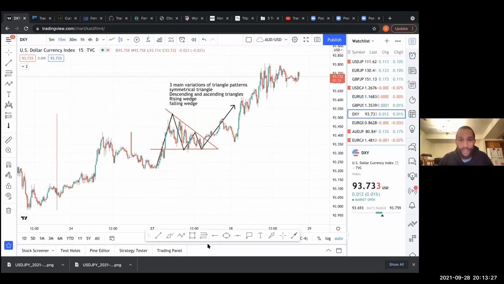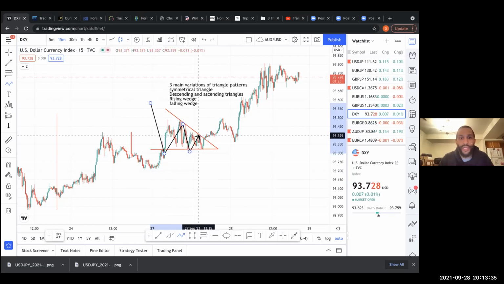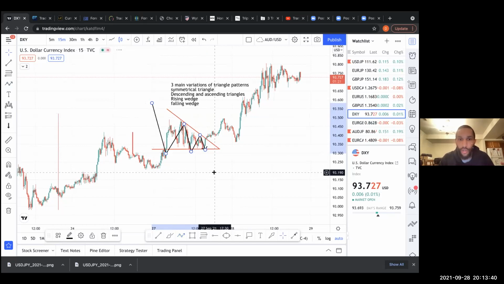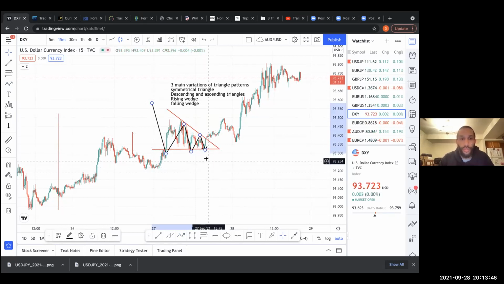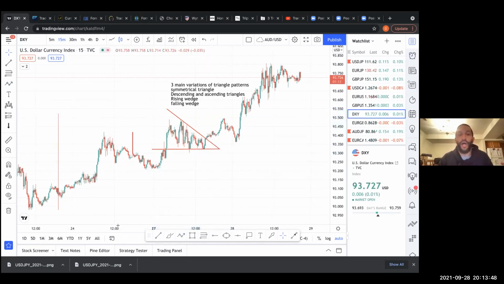If it's coming down, look for it to continue to the downside. Now, this is not 100% accurate. This is not going to happen every time where it breaks and continues to go down. Sometimes it may hit this, it may come back up and continue in the upward motion. So it's not 100% that it's going to continue the trend that it was already in.